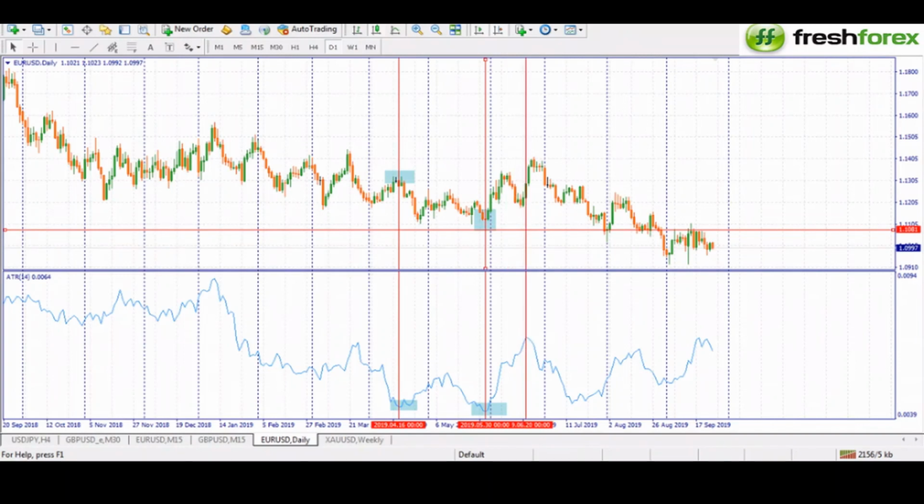Then there was a move up somewhere here. I'm not just drawing it for the sake of it, I'm getting to something with it. As we're speaking now, there's this move to the lower side before it came back up. So this one is showing signs of reversing.